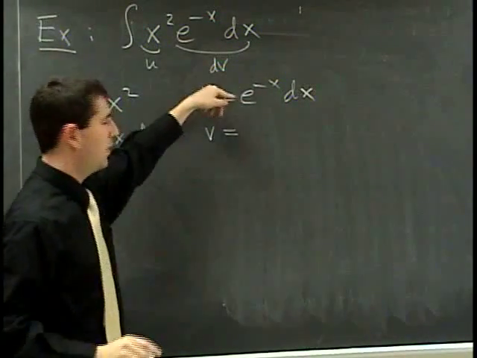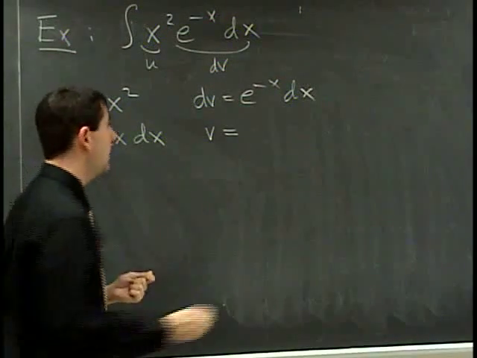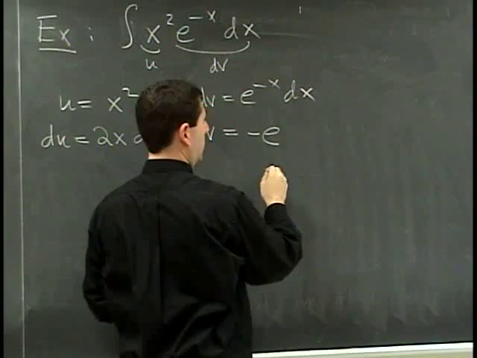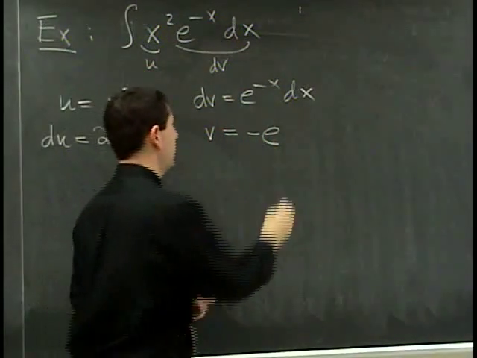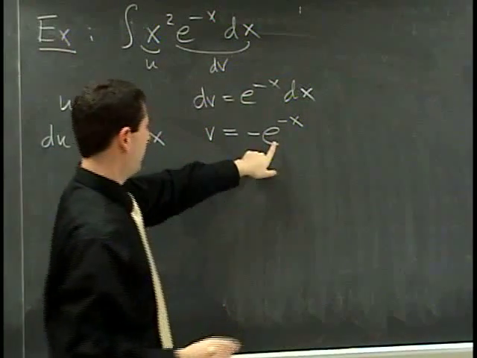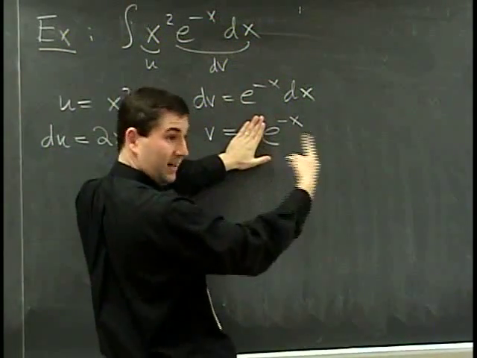Well, it should be an antiderivative of e to the minus x. So we need a function whose derivative is e to the minus x. Negative e to the, should it be to the x or to the negative x? To the negative x. All right, let's check. The derivative of e to the minus x is minus e to the minus x.